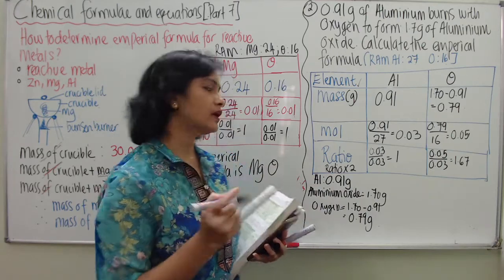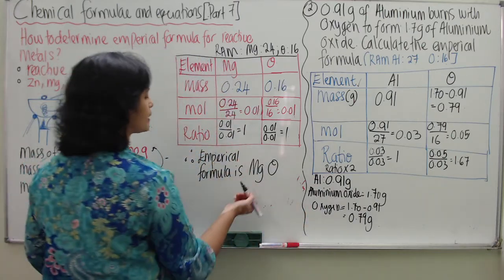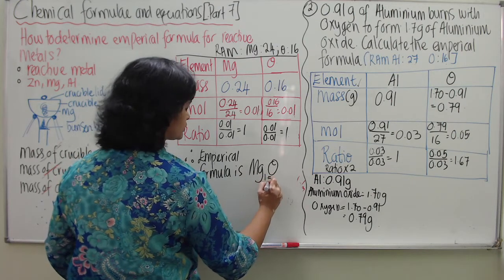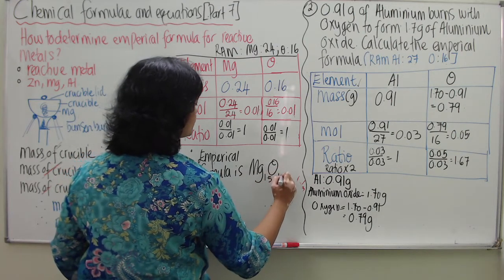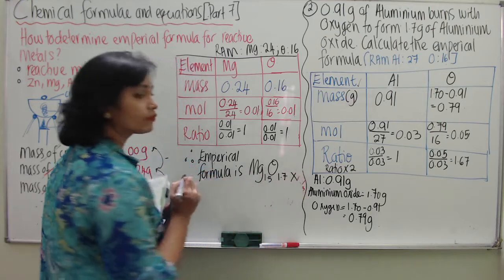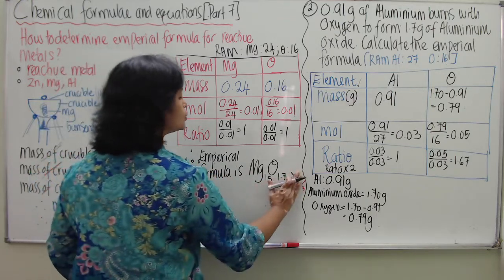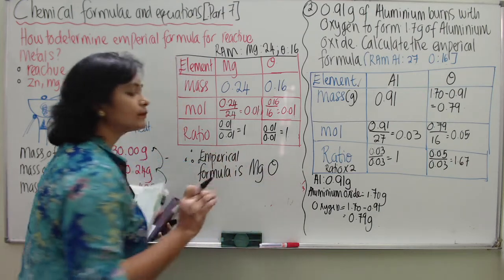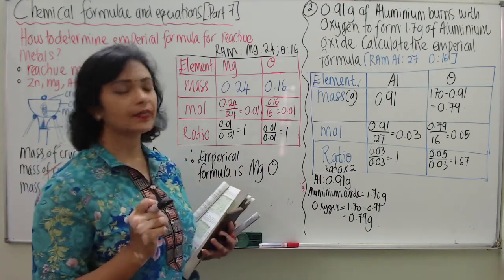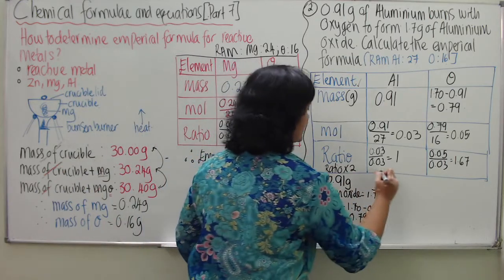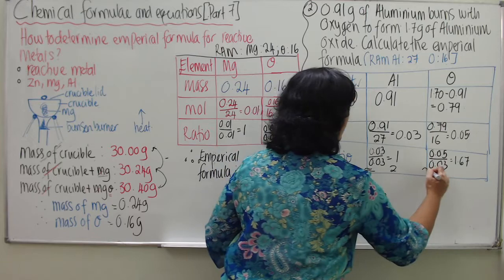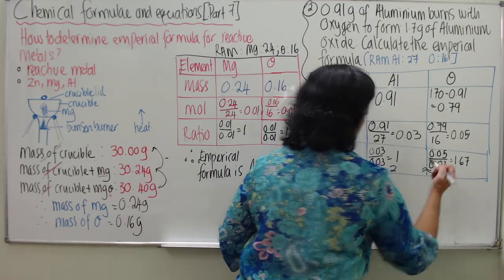Now please remember, when we are writing the empirical formula, we can't write like this: magnesium 1.5, for instance, oxygen 1.7. This is the wrong way of writing the empirical formula. We must make sure that the empirical formula comes in whole round numbers. So that's the reason why, when you multiply the ratio by 2, you get 2 here and roughly 3 here.